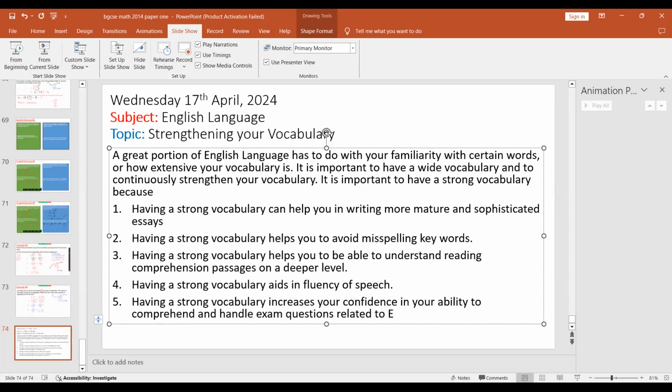So you just have a greater confidence because you know that you know certain words, and you know that you have a good command of the English language. And so you're not afraid when it comes to the exam. You're not gonna panic because you actually know the words and you actually understand.